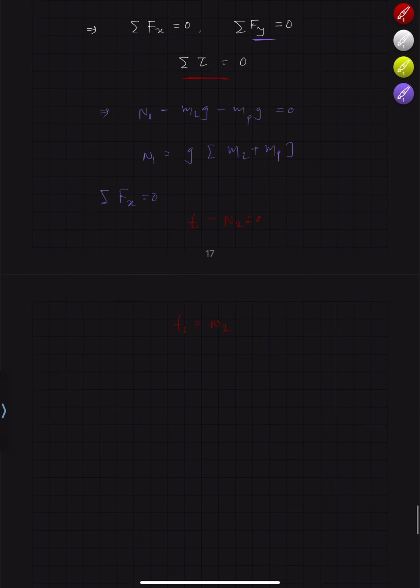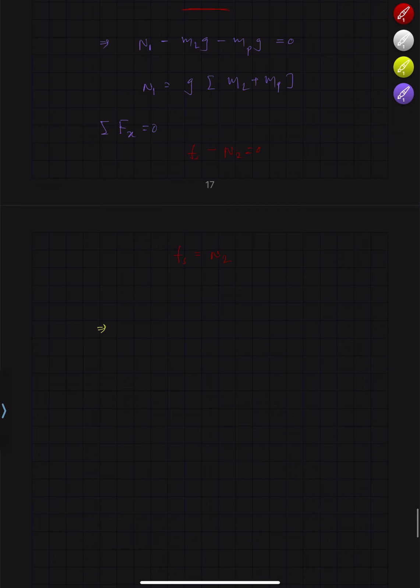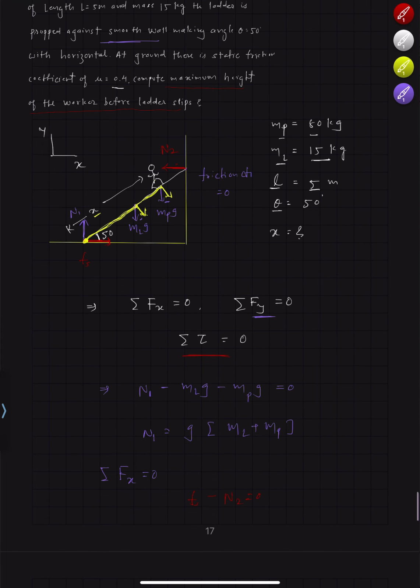So the torque is first m_l g cos theta times the length at the center of mass, L by 2, plus m_p g cos theta times x, the distance the person reaches, which is balanced by the torque generated by N2.